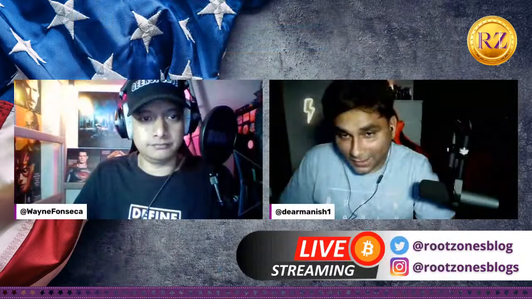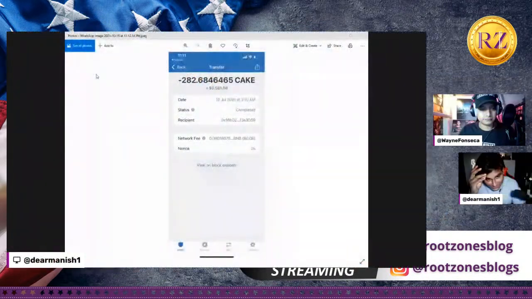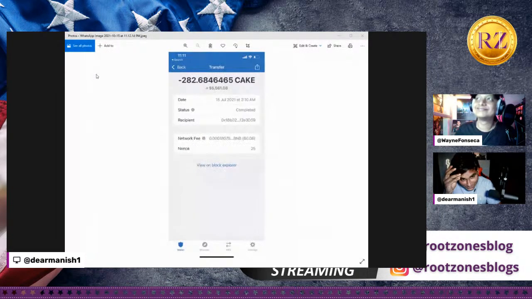It's the biggest rug pull in the root zone, which happened on 15 July 2021 at 2 a.m. in the morning, when the entire CAKE was washed off from the Trust Wallet.